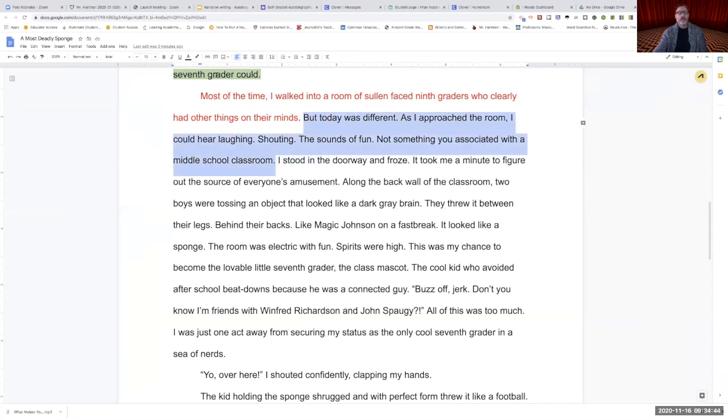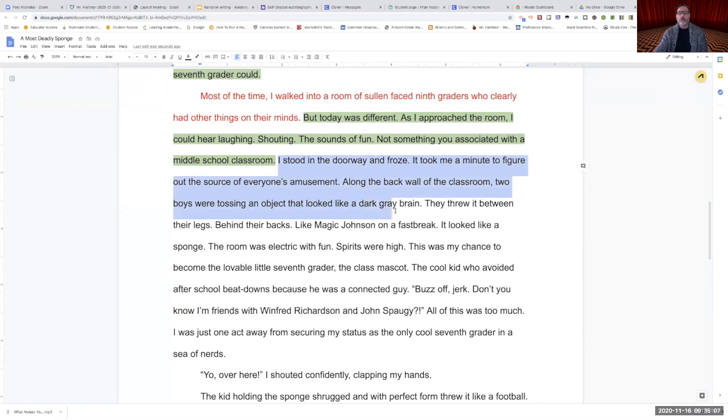So this is more of a feeling. As I approached the room, I could hear laughing, shouting, the sounds of fun, not something you associated with a middle school classroom. That's my evaluation of the situation. I stood in the doorway and froze. It took me a minute to figure out the source of everyone's amusement. Along the back wall, now I'm describing the scene.